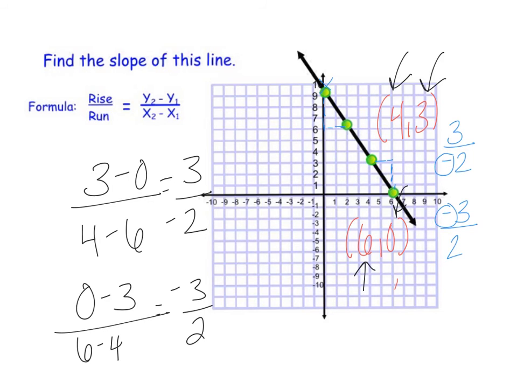What is important is that I subtract the two y-coordinates on top and the two x-coordinates on bottom, and that I subtract in the same order. If this is my first ordered pair, then I need to subtract in the same order both times, either top minus bottom for both the x and the y, or bottom minus top. I have to go in the same order each time.